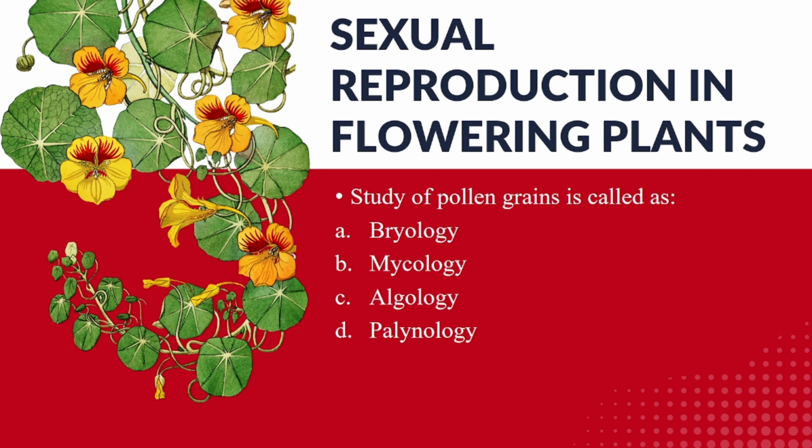From the options itself, you are able to understand that bryology is the study of bryophytes, right? Mycology is the study of fungus, and algology is the study of algae. So options A, B, C are down, and we are left with only one option, that is pollinology. So obviously the correct answer will be pollinology, option D. And pollinology is the study of pollen grains.